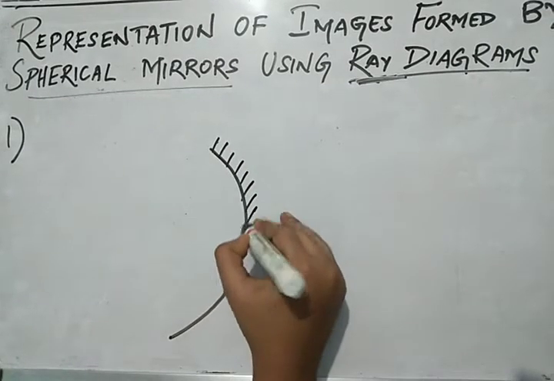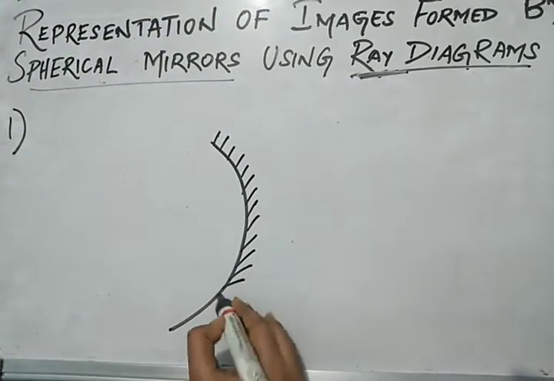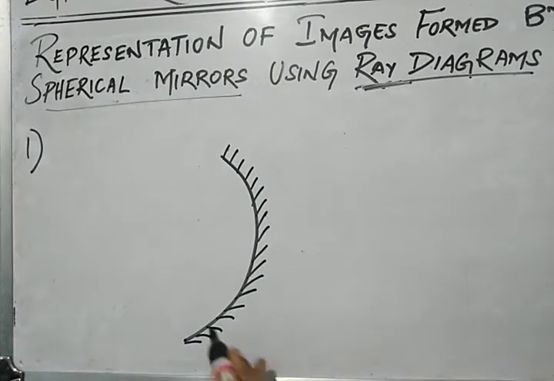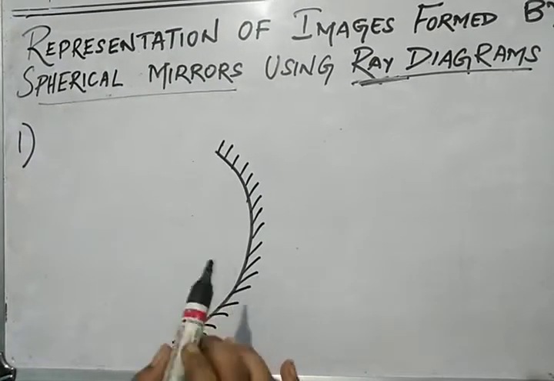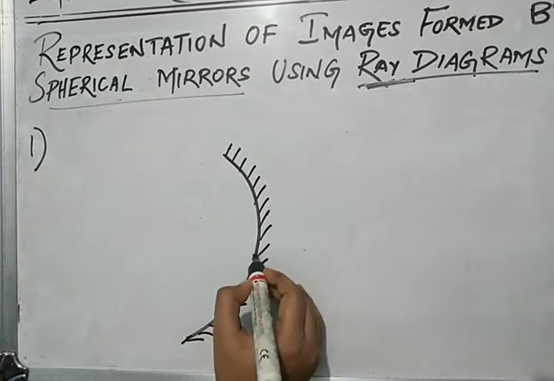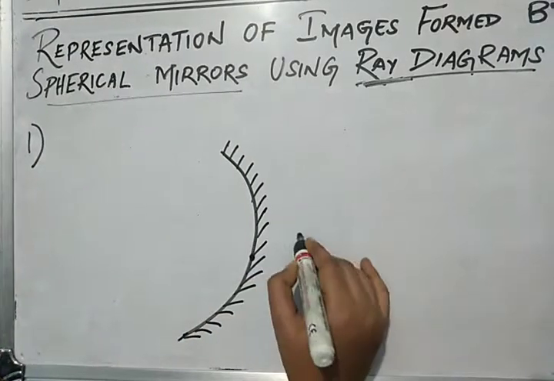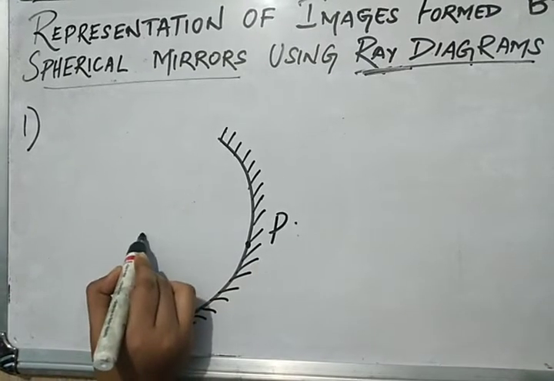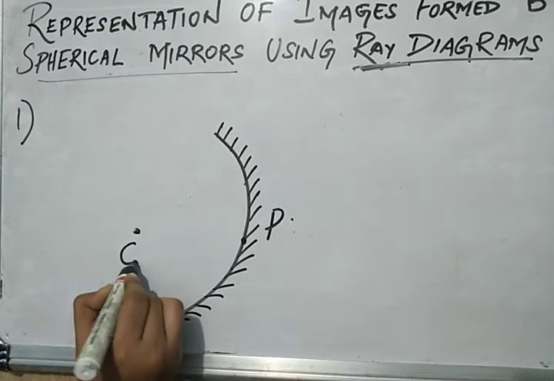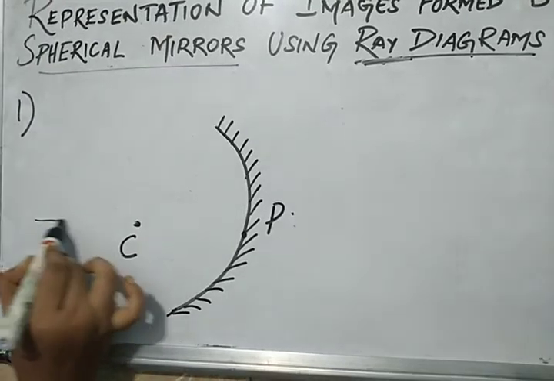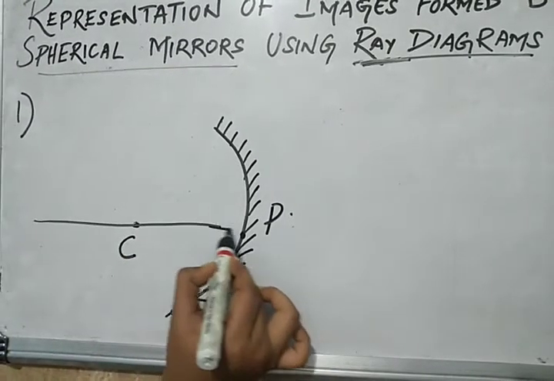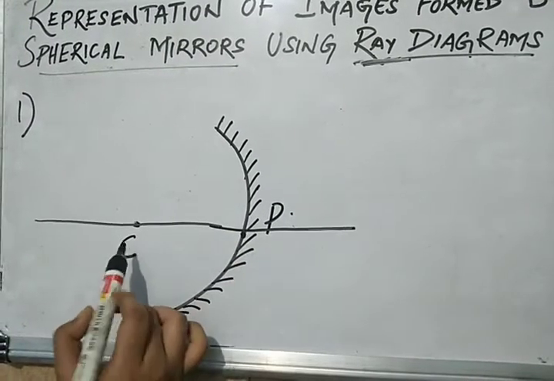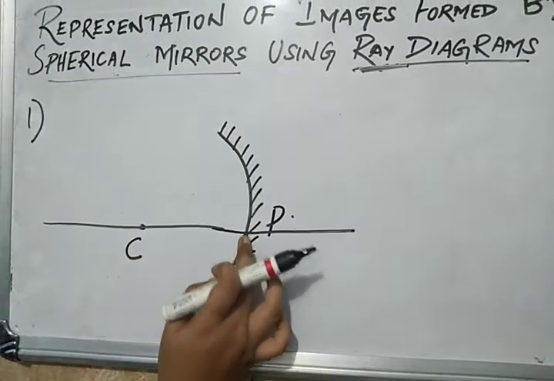Always after drawing the mirror, do not forget to draw the rough surface. This is my concave mirror. This is the pole P, and here is my center C. Then I have my principal axis which passes through the center of curvature and the pole.